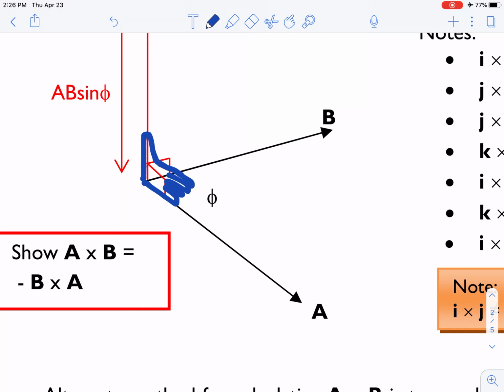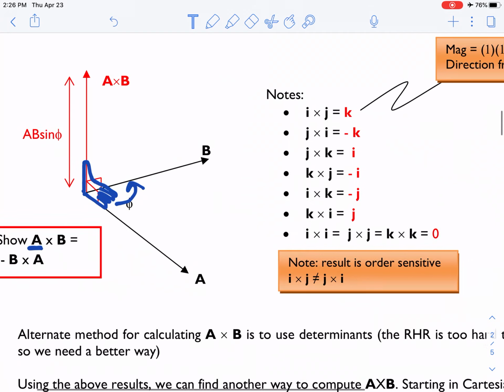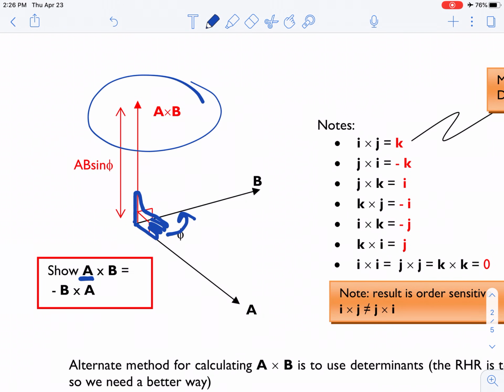Okay, so you point your fingers along the first vector A in the cross product, and then curl them towards B. When you do that, your thumb is pointing the direction of A cross B. Okay, and this is then the direction right here. That is A cross B, because that's the direction of your thumb, and that's the resultant of A cross B. The magnitude of this is AB sine theta or phi, the angle between them.